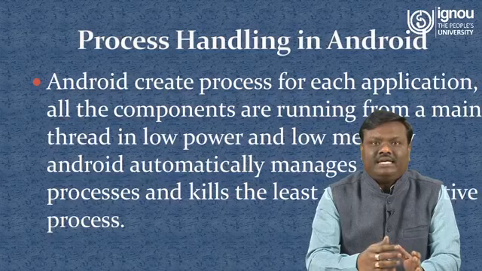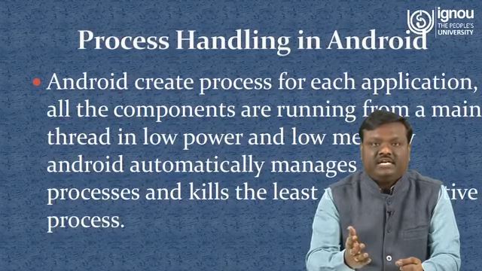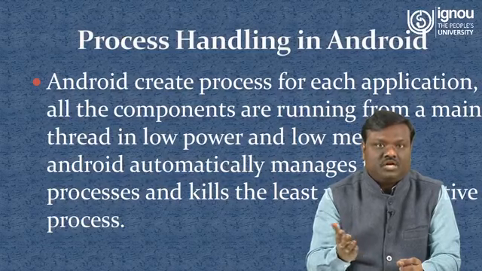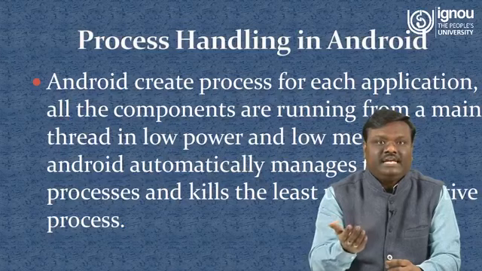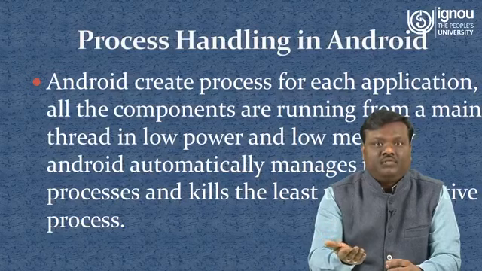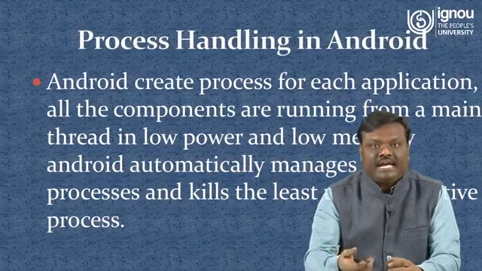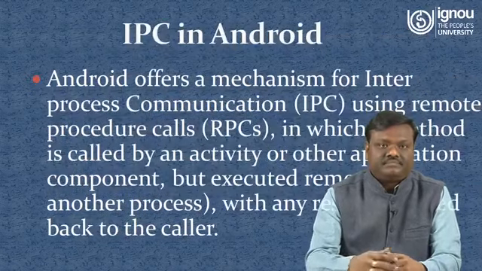It automatically kills them. Suppose there are several processes activated which are of no use, not used by the other components of the application, so those inactive processes will be killed in order to lower the power or the memory. This handling is done in the Android operating system.